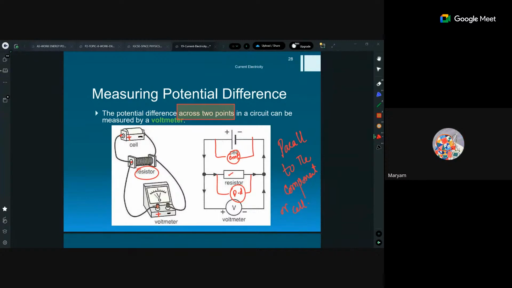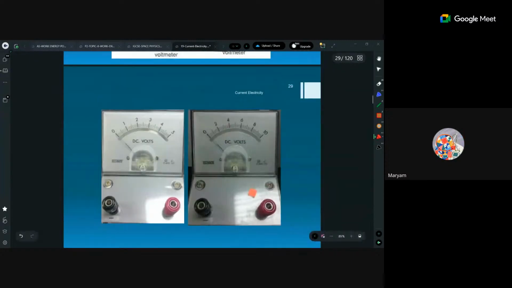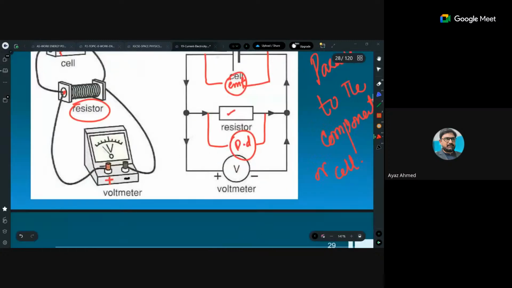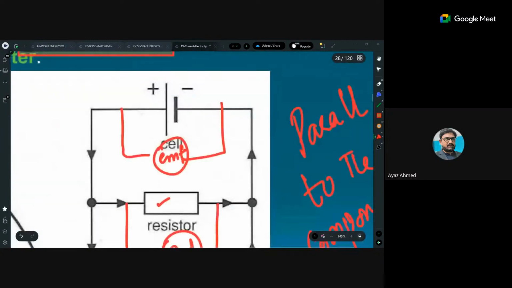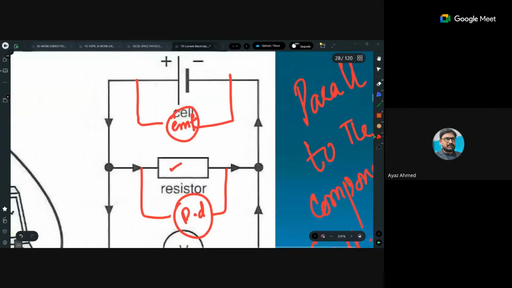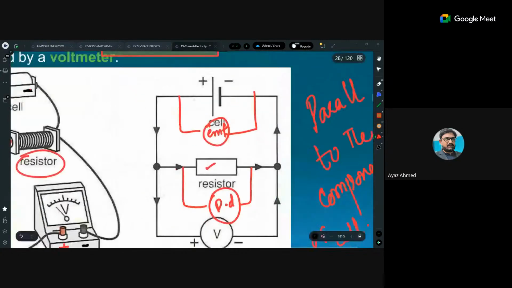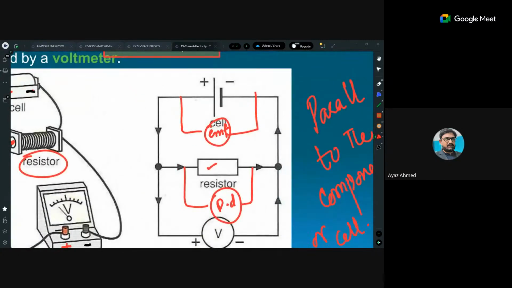Sir, can you repeat the last part you said? Yes, I said that when the voltmeter is connected across cell, it reads EMF for you because that is the voltage of the cell. And when the voltmeter is connected across the load, yani resistor, that gives you the potential difference across the resistor.